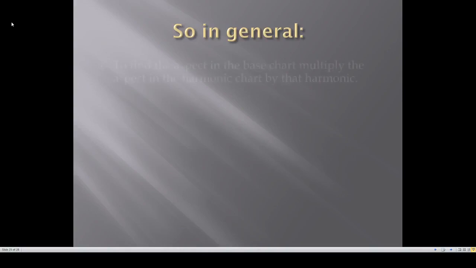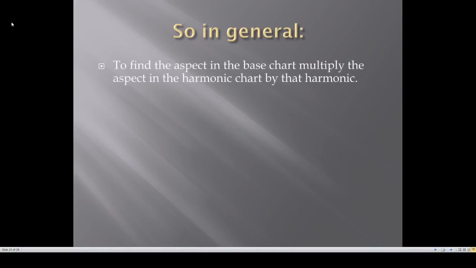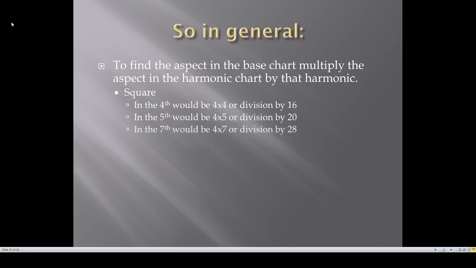So in general, to find the aspect in the base chart, multiply the aspect in the harmonic chart by that harmonic. So for example, a square in the fourth would be 4 times 4 or division by 16. In the fifth would be 4 times 5 or division by 20. And in the seventh would be 4 times 7 or division by 28.